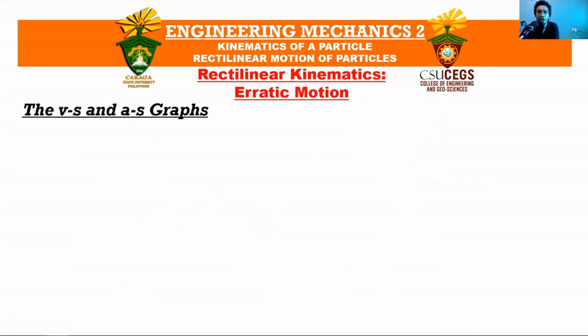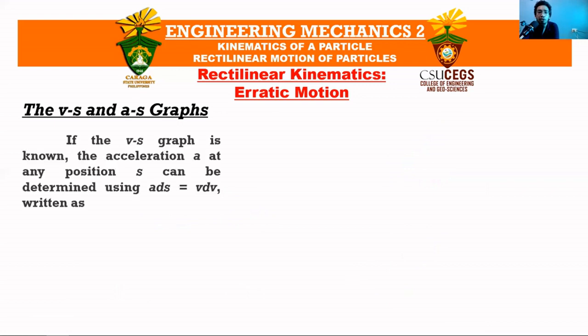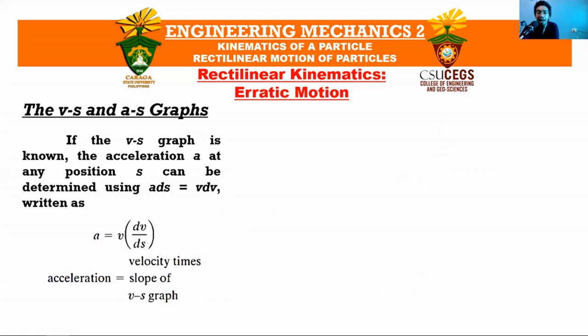So these are the other types of graphs. These are VS and AS graphs. Here, if the VS graph is known or given in a problem, you will construct the AS graph using the third kinematic equation, A ds is equal to V dV. So it is written as A is equal to V times dV over ds, which is the acceleration equal to the velocity times the slope of your VS graph.